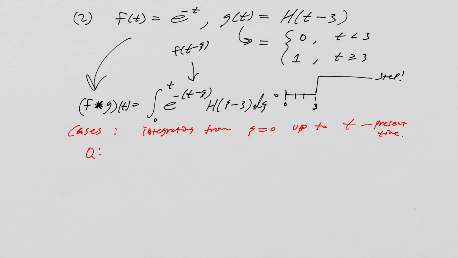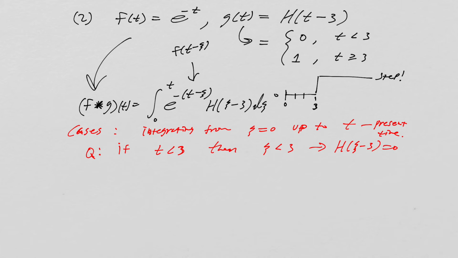So the question is, if t is less than 3, then c is also going to be less than 3, and that implies h of c minus 3 will be 0.